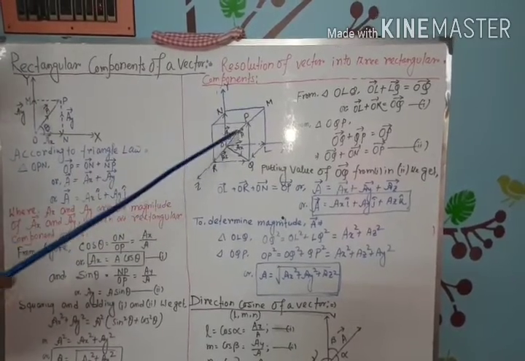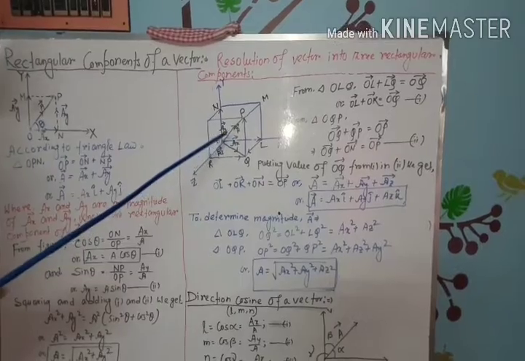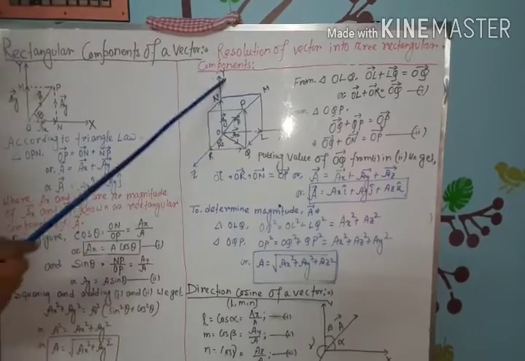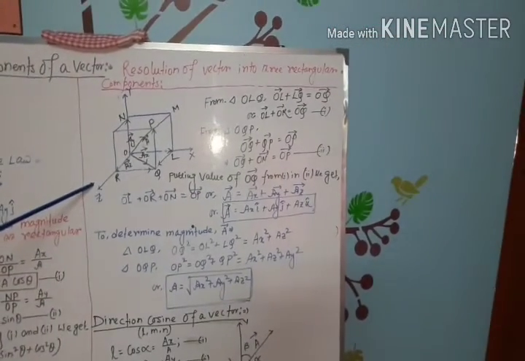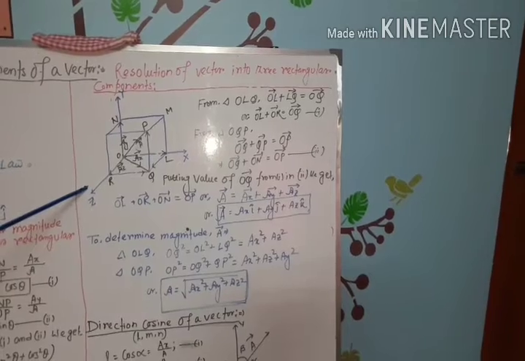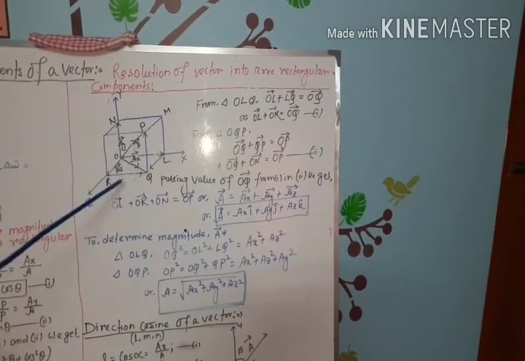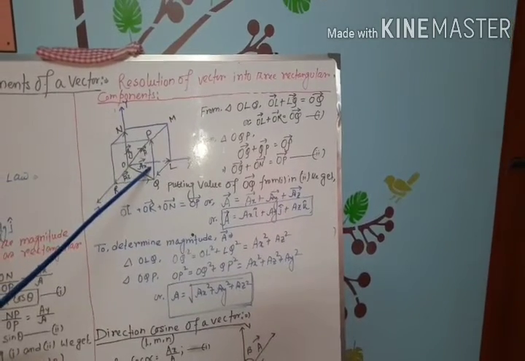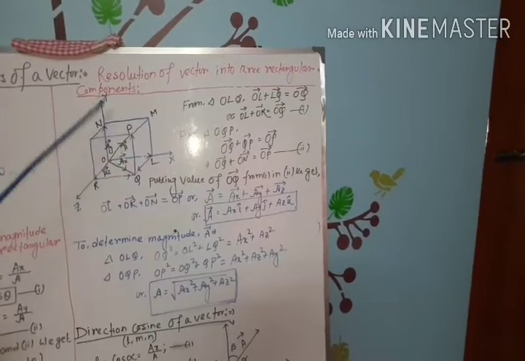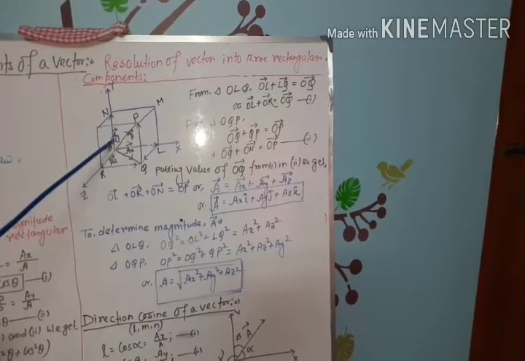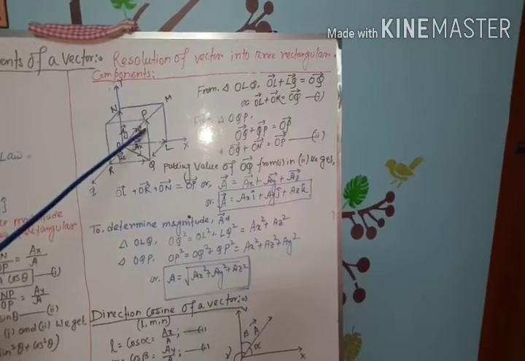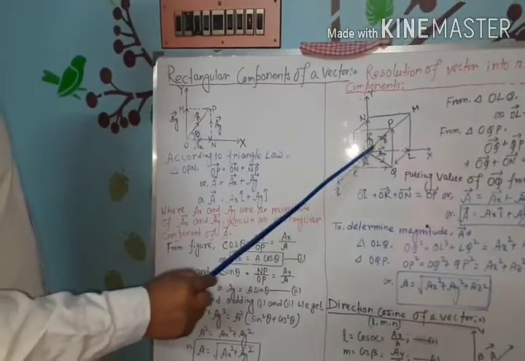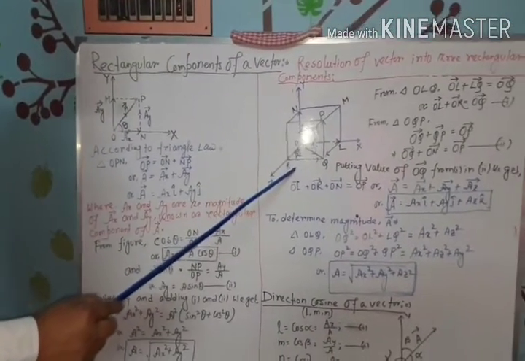The components of this vector along the three-dimensional coordinate system, that is along OX, along OY and along OZ, are known as the three rectangular components of the given vector. So now in this figure, OL, which is AX vector, is the x component of the vector A. OM, which is AY vector, is the y component of the vector A, and OR, that is AZ vector, is the z component of the vector A.